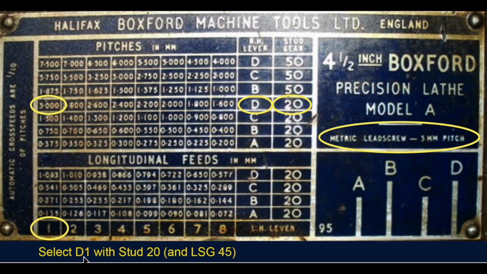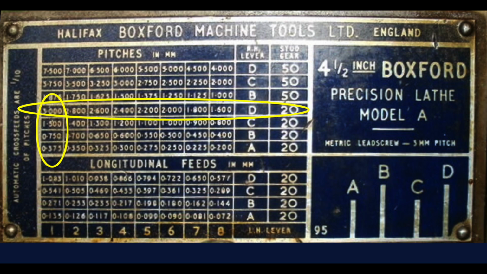So it's a selection of D1 with a stud gear of 20, and it so happens that the lead screw gear has 45 teeth, although it's not shown on here. Now again we look for the place where the pitch is the same as the lead screw, which is 3, and select that row and also select that column. And those two, the row and column, define all the gear ratios we need in the whole table when they're multiplied together.